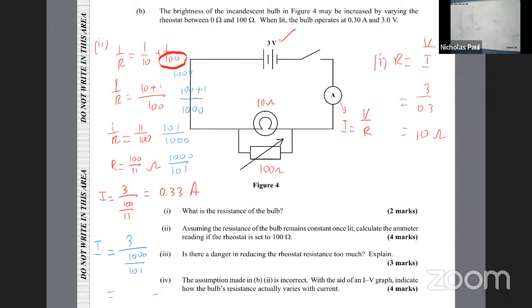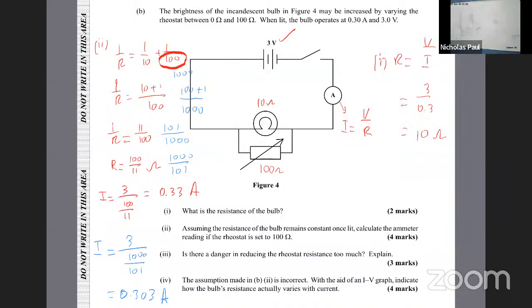Check it now, please. Much you got? 0.303. So by making the rheostat value large, hold on.